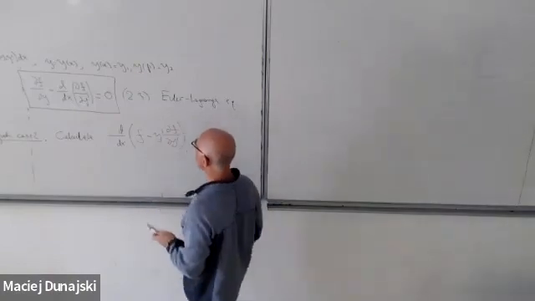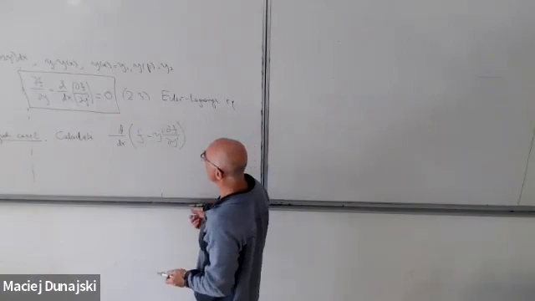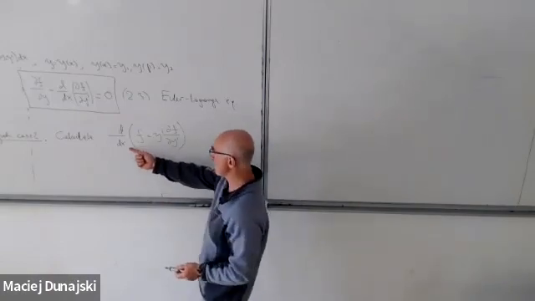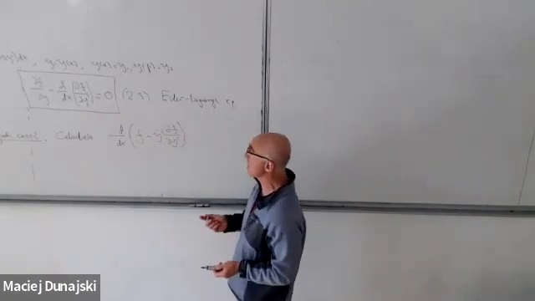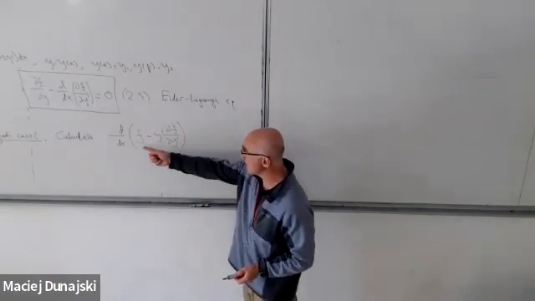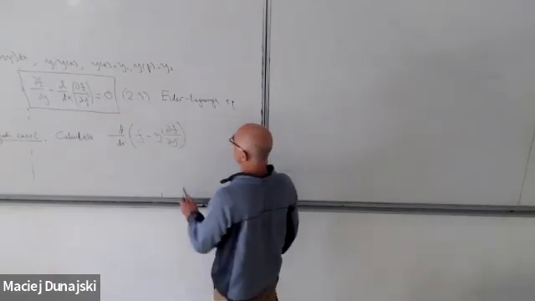In this calculation we will use the Euler-Lagrange equations, and we will see that this derivative can under certain circumstances be 0, in which case the bracket has to be a constant. So let's see when that happens.